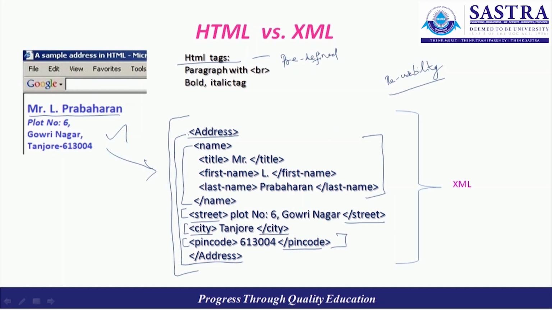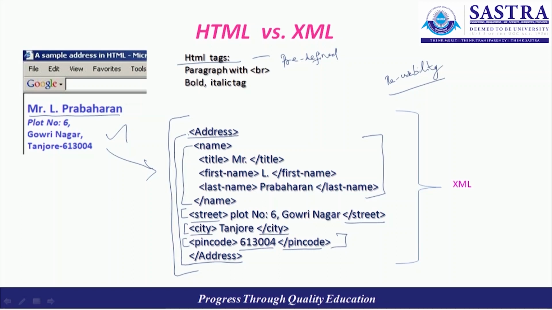This is what transformation. If I want to focus pin code, I can extract pin code of particular employee, or I can filter the content. Those employees belong to 613004.